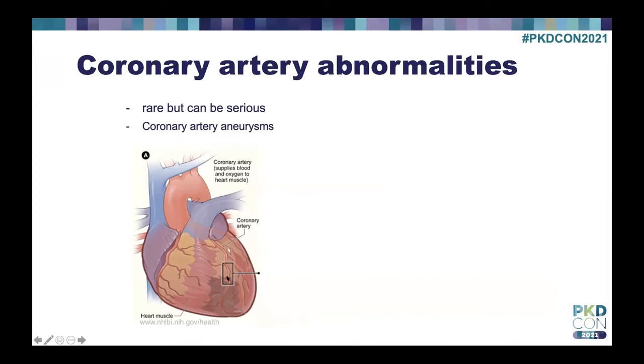Normally they are sort of straight, but in some patients, and this is increased in patients with autosomal dominant polycystic kidney disease, these arteries may develop dilatations, like widenings, and sometimes it may be symmetrical. In some other cases, they may develop true aneurysms, like the saccular aneurysms in the brain.